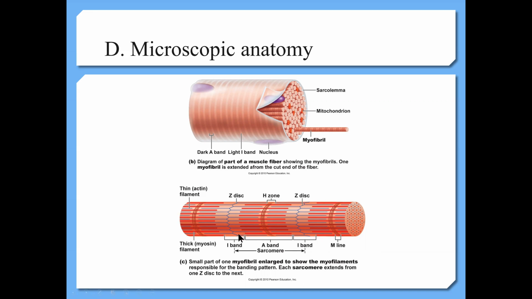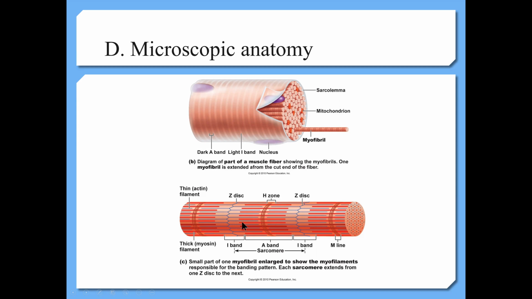These are the parts of a sarcomere. The sarcomere is the fundamental unit of a muscle cell. It extends from one Z disc to the other Z disc. We have repeating units: I band, A band, I band. The I band contains only the thinner filaments.